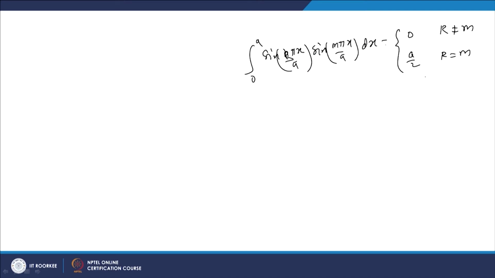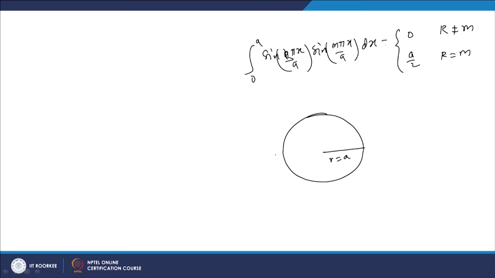So the problem is: you have a circular domain like this, and here we have a membrane which is vibrating. The radius we are taking as r equal to a.